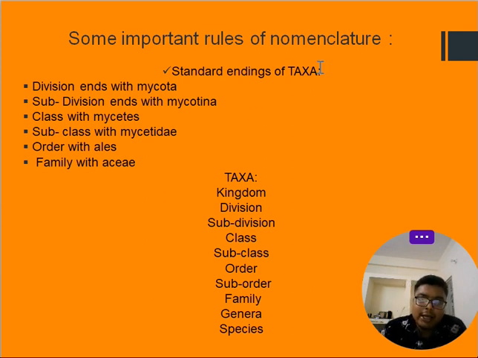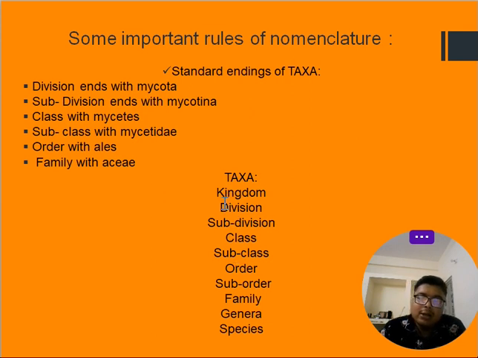Whenever we write the taxonomy, the division ends with mycota, subdivision ends with mycotina, class ends with mycetes, subclass ends with mycetidae, order ends with ales, family ends with aceae. That means their last word will belong to this particular ending.